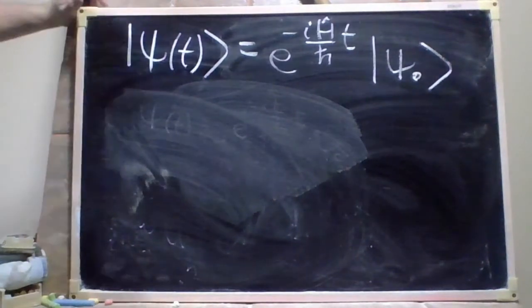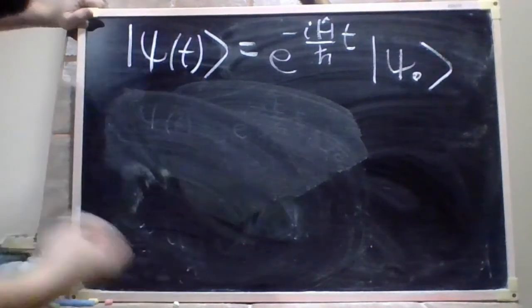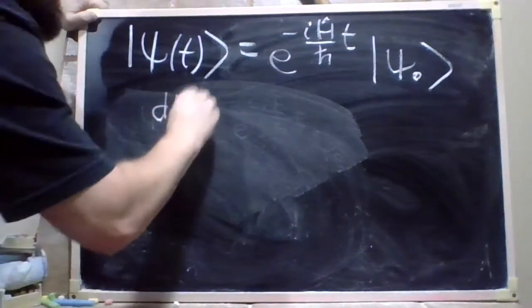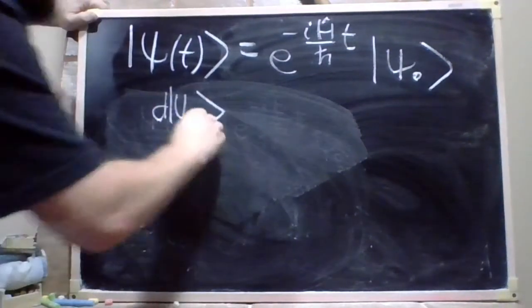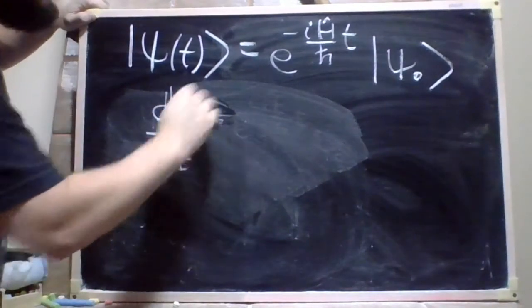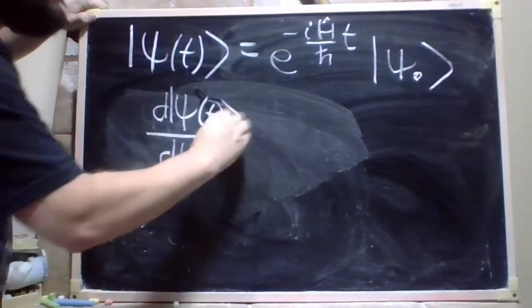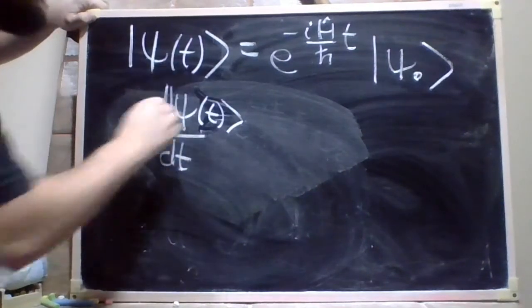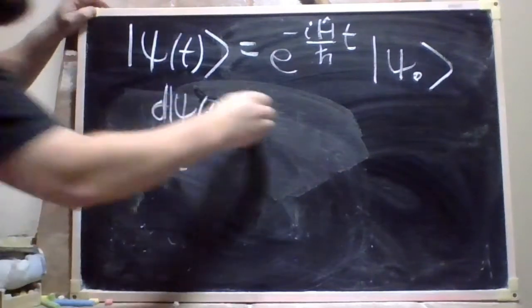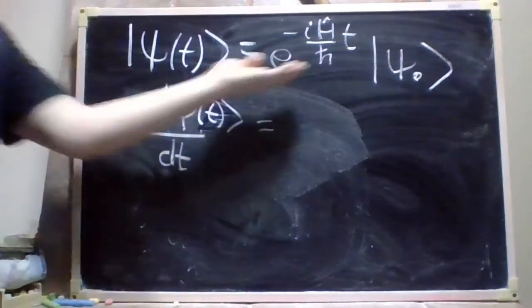Well, now I wanted to know what this thing here is. What is the time derivative of the function psi of t? What is the time evolution of this thing here, right? And I can do the math here.